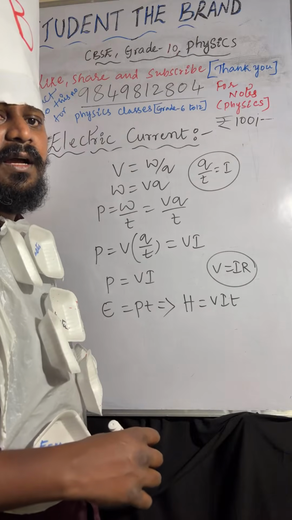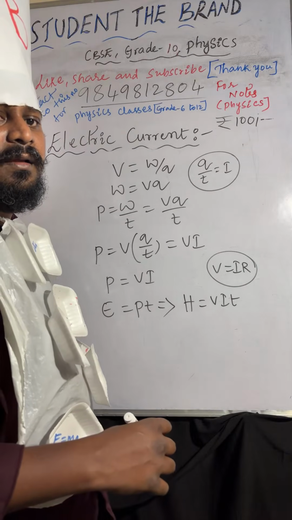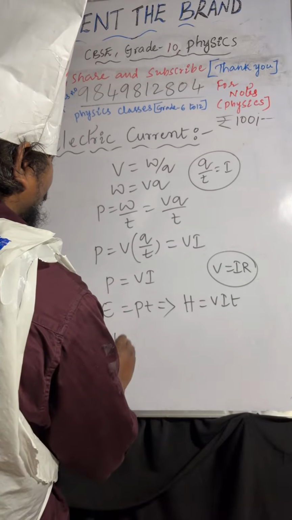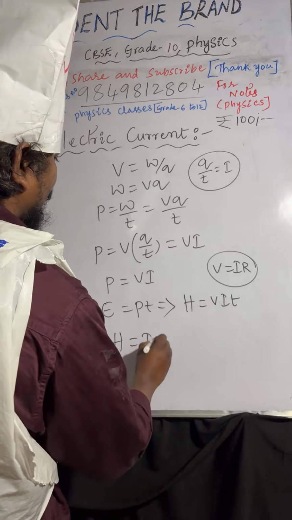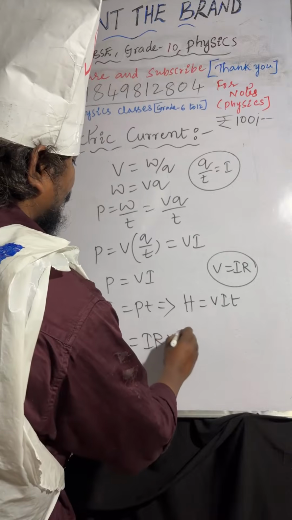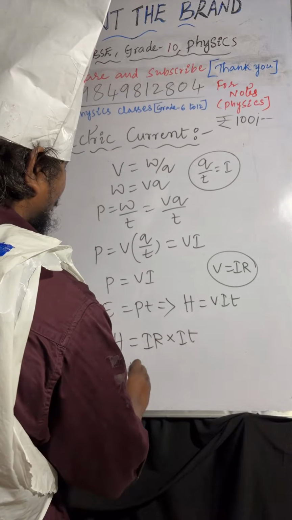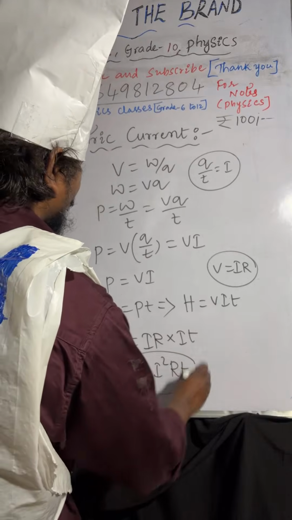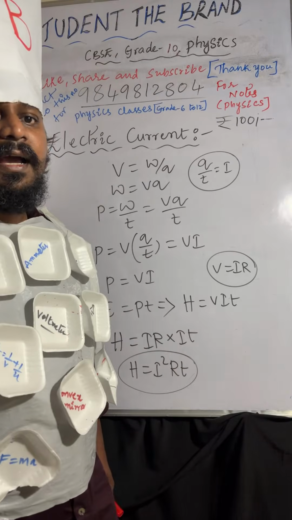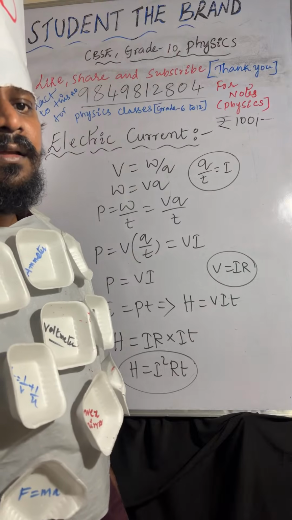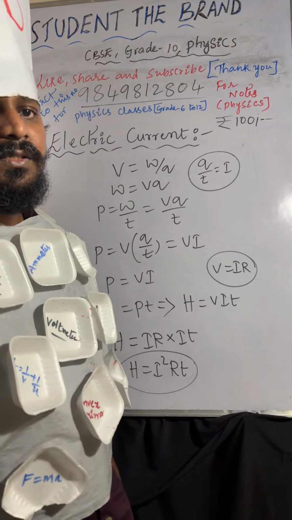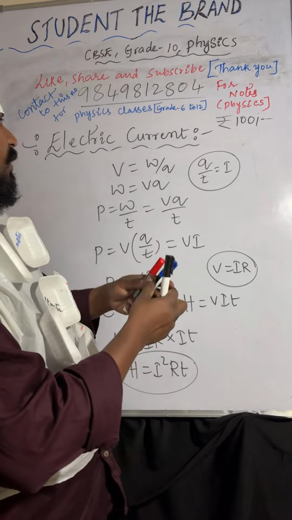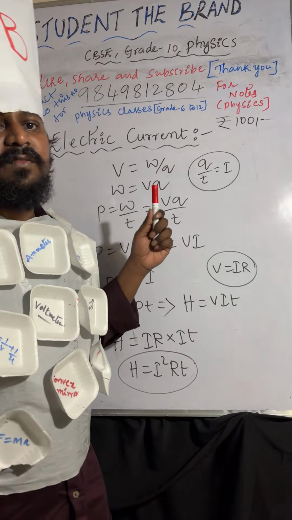So now H equal to IR into I into T. Then we get H equal to I square RT. Understood? So that's the heating effect of electric current.